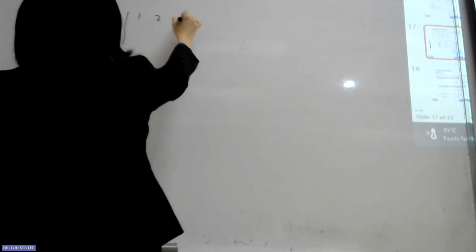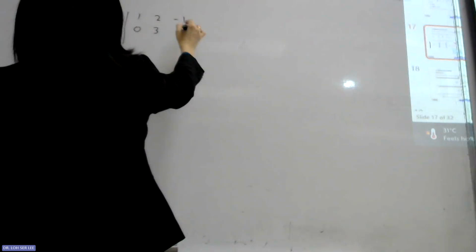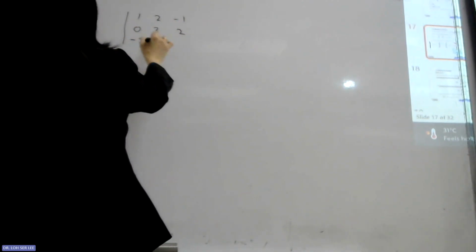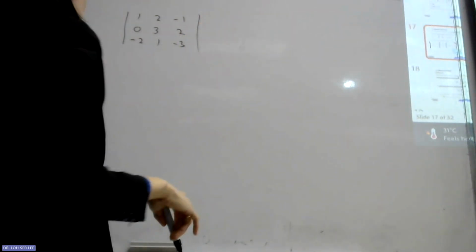Let's say the matrix is 1, 2, -1, 0, 3, 2, -2, 1, -3.